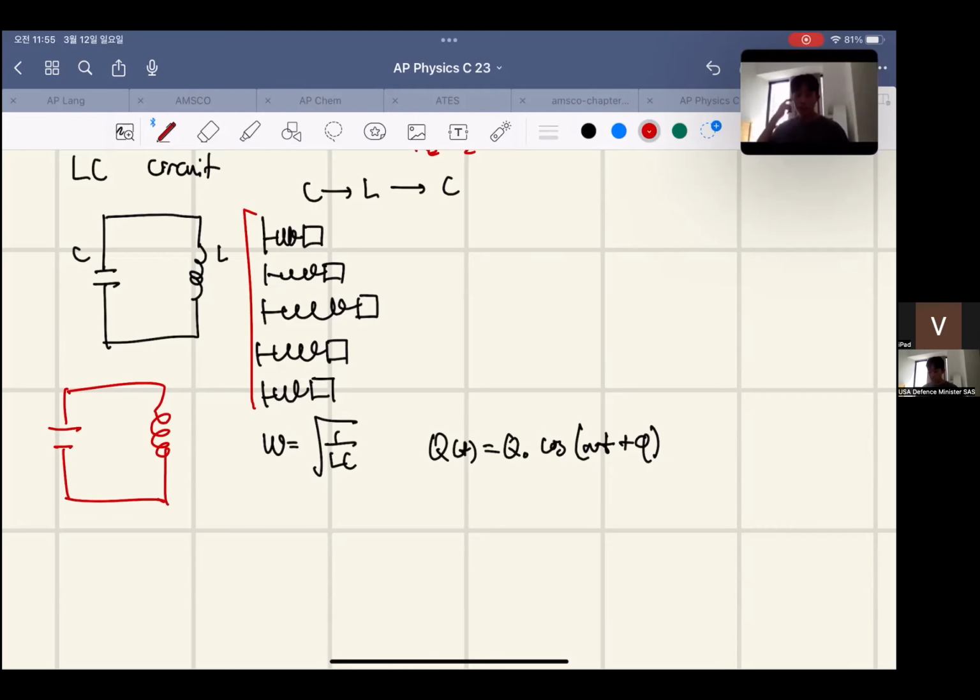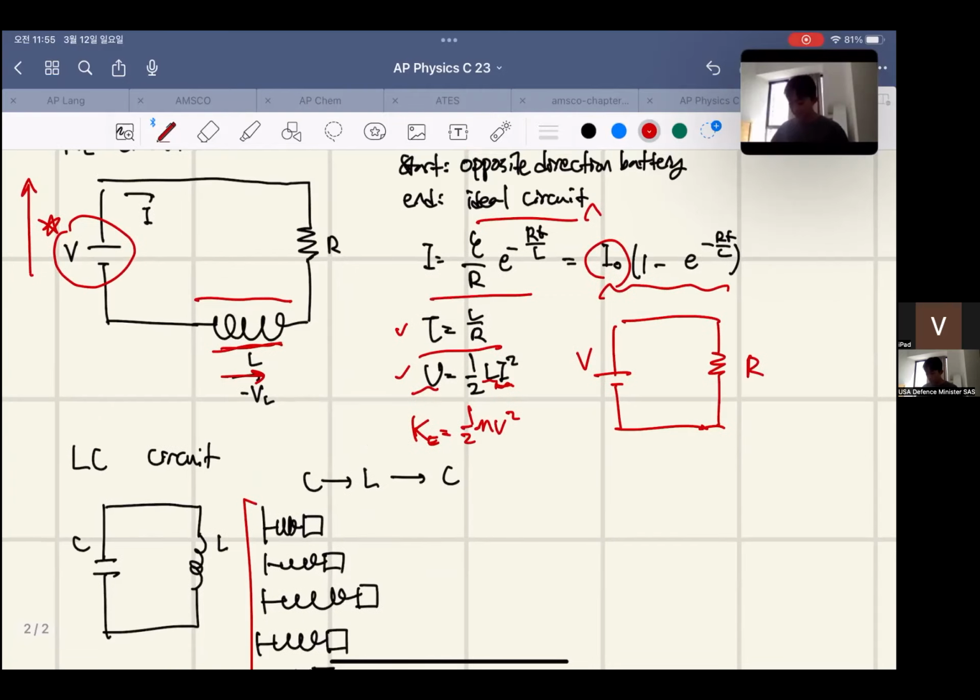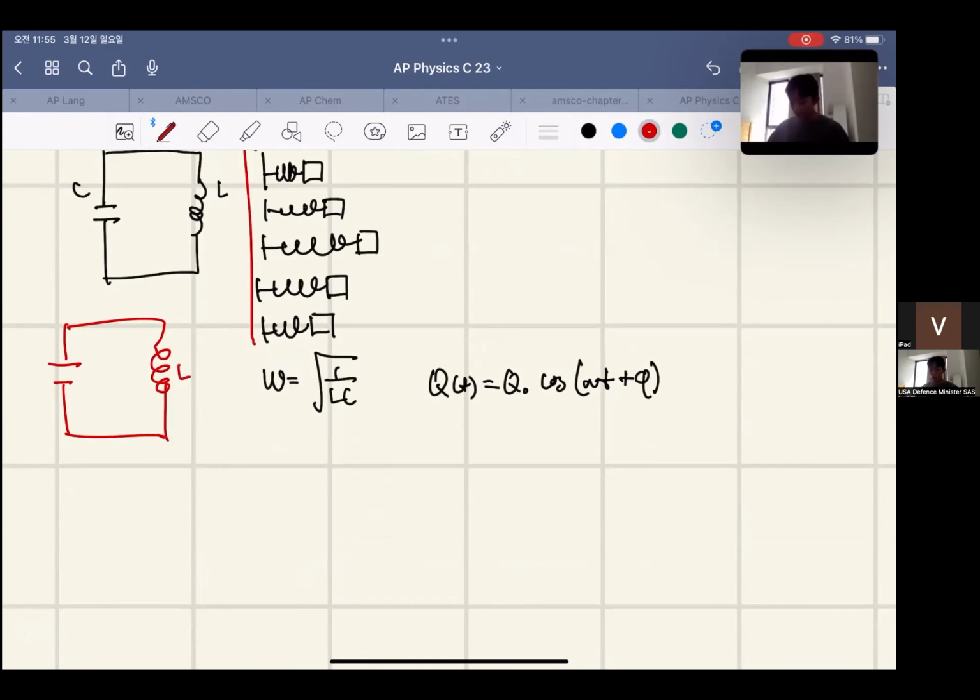Now, what's interesting is that the amount of energy stored in your inductor is U equals 1/2 Li squared. Now, what I'm saying is that when the capacitor has the maximum amount of energy, the inductor should have 0 energy, meaning that this formula should be equal to 0.